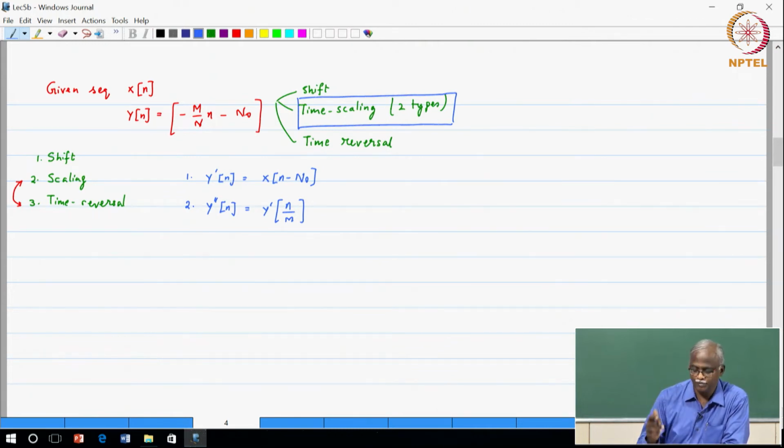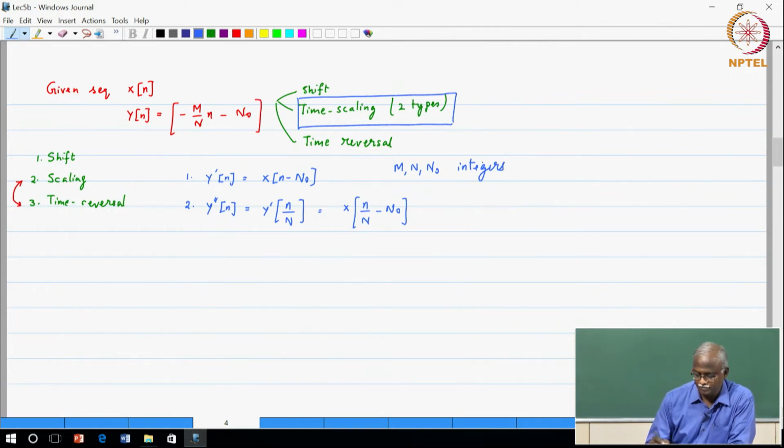You do not lose information in this step, so it is always better to do this step first. I am sorry, this should be n. So, sampling rate expansion comes next, and of course you can substitute and verify that this will give you a signal which is x of n by n minus n naught. By the way, m, n and n naught are all integers. That is the assumption in terms of the basic transformations that we are looking at.